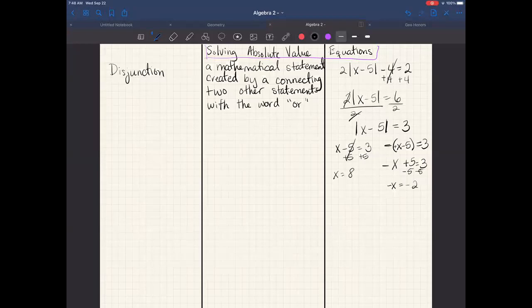Now, I can never have a negative x value, so what I have to do is multiply by negative 1. And that's going to give me x equals a positive 2. So those are my two solutions for this problem. Meaning it's going to be x equals 8 or x equals 2.